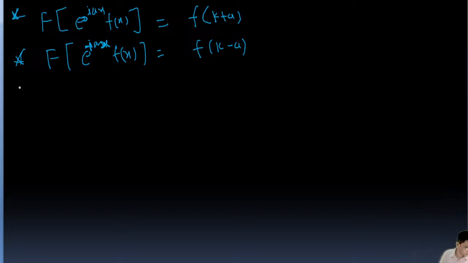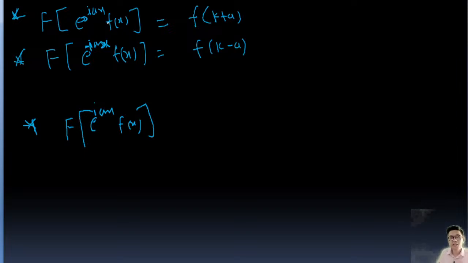Now we'll solve one example. Here, the Fourier transform of e to the power iota ax f(x), we have to prove that it is F(k plus a).